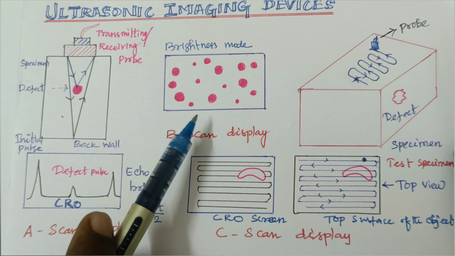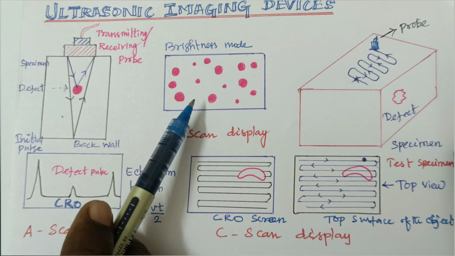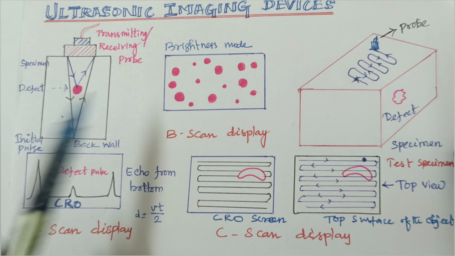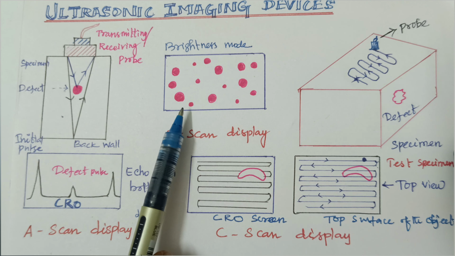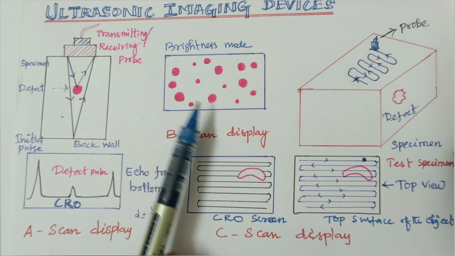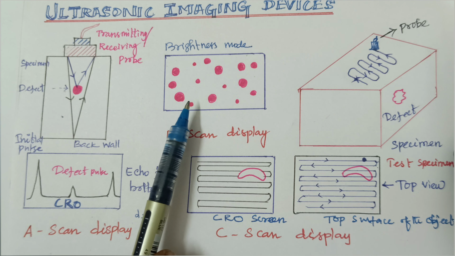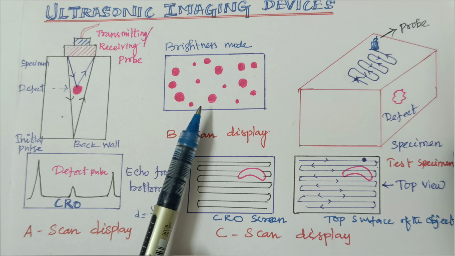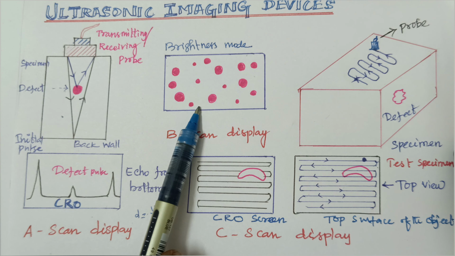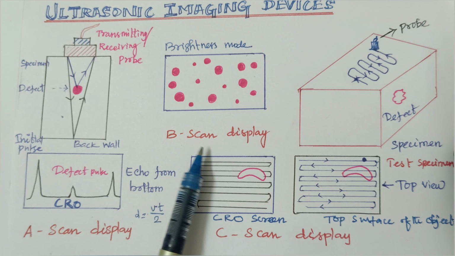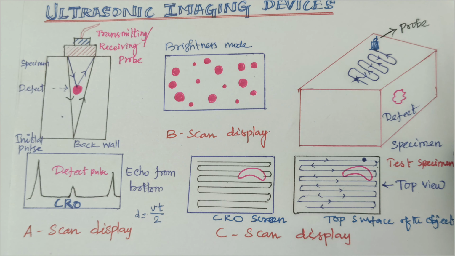Thus, the B-scan provides an exact image of the internal structure. When compared to the A-scan method, this is well advanced. You can see the size of the defect in the two-dimensional image, and you can find the exact internal structure by using this brightness scan, that is the B-scan display.